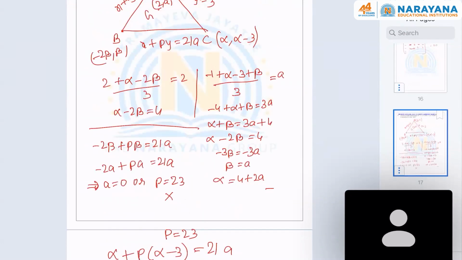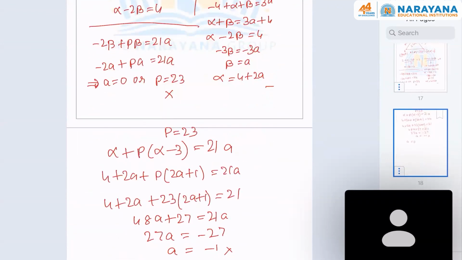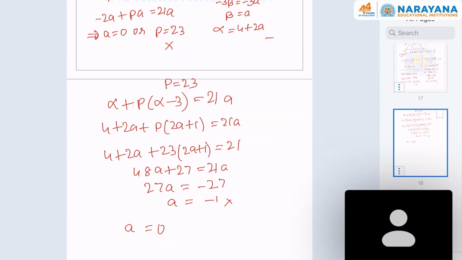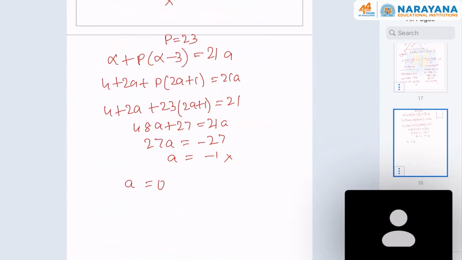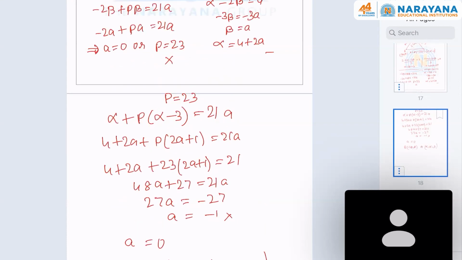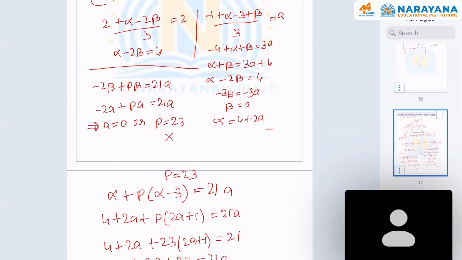When a is equal to 0, I will find the values of b and c. A is equal to 0, alpha point b. B is equal to minus 2 beta comma beta. A is alpha comma alpha minus 3. So alpha is equal to 0 comma 0.